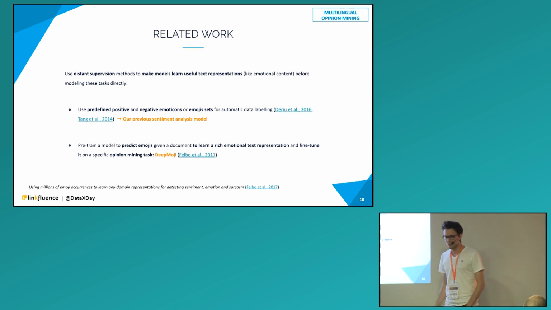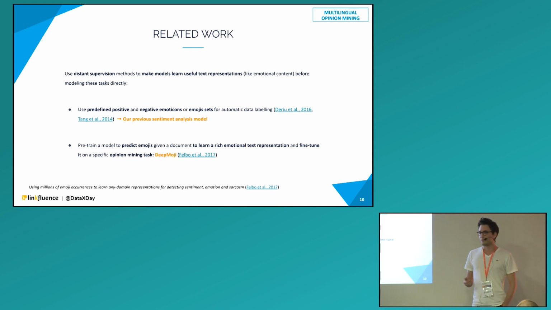And the idea was, for example, if in the post I have an emoji that is smiling, then it's automatically labeled as positive. And if I have an emoji crying, for example, it's automatically labeled as negative. And that's to build a large amount of data automatically.